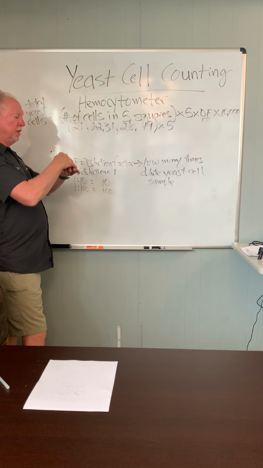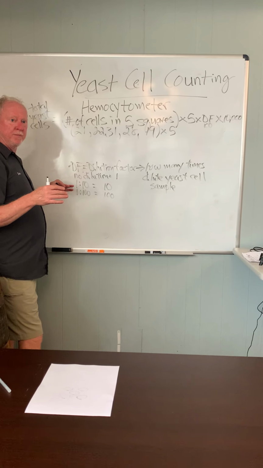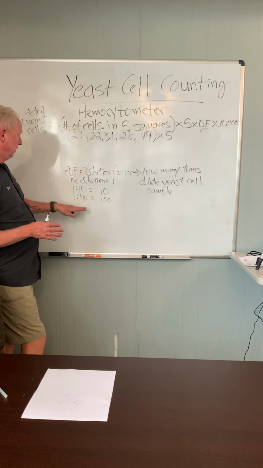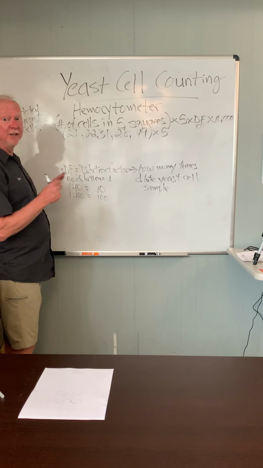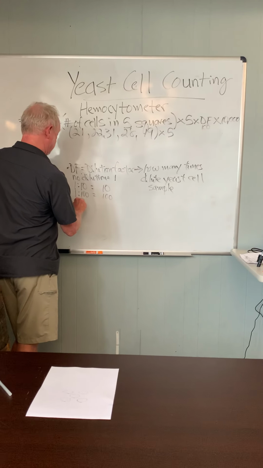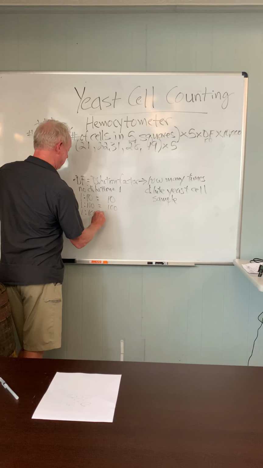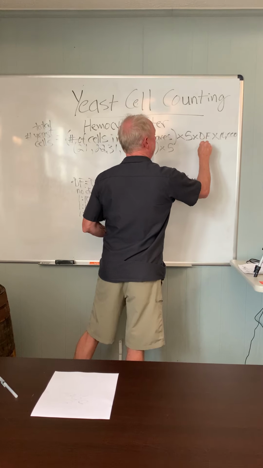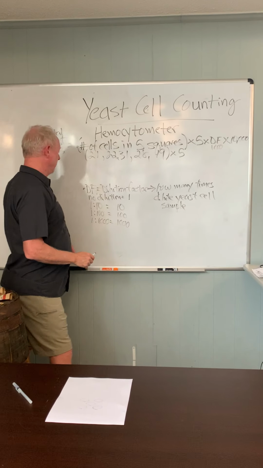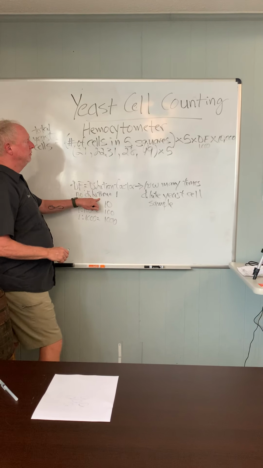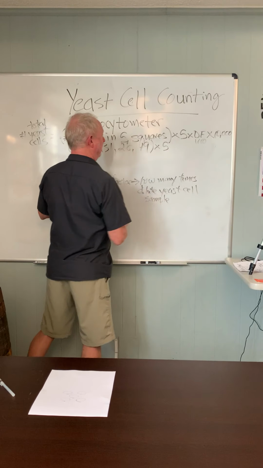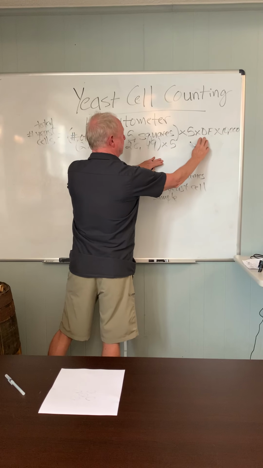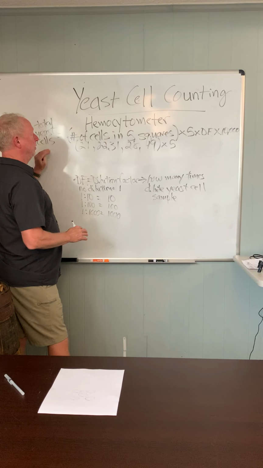Take our sample, dilute it by 10 one time, wasn't diluted enough, dilute it again, it would be 1 in 100. If we had diluted yet a third time, as you can see, we're just going by a factor of 10, then our dilution factor would be 1,000, and we would have put 1,000 in there. Okay? So if we didn't dilute it at all, 1 is there. Number of cells times 5 times 1 times 10,000 to get our number.